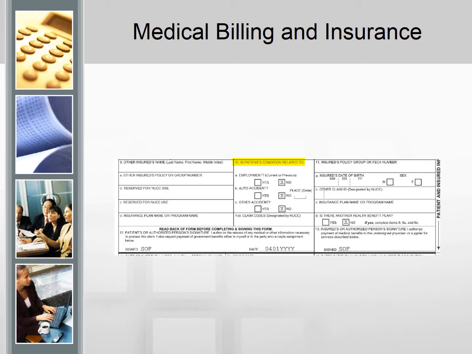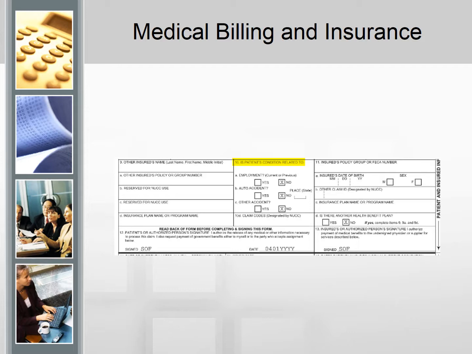Then in line D of block 11, it's asking us, is there another health benefit plan? So in Ann Adams' case, she does not have a secondary or supplemental insurance policy, so we have the X in the no box. If she did have a secondary policy, then we would put an X in the yes box, and you can see the little notation to the side.